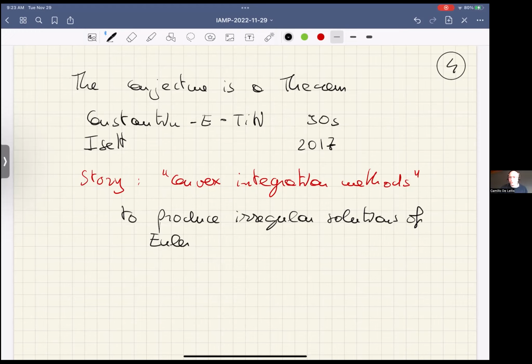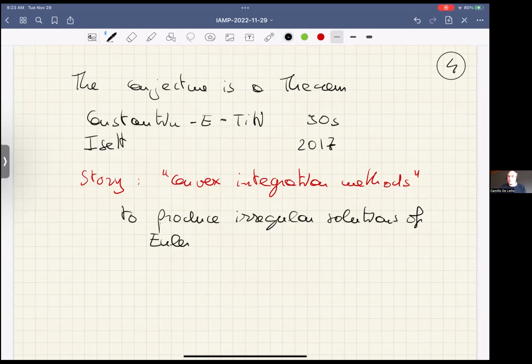But as I told you, you already face a very interesting question. There is no way that an irregular solution of Euler, which dissipates the kinetic energy, is going to be easy to approximate via Navier-Stokes, because if you just focus on Euler, you don't see the arrow of time. It's true that the solution you're looking at is dissipating the energy, but you can just make a coordinate transformation and reverse time, and then you find yourself a solution which is increasing the energy.